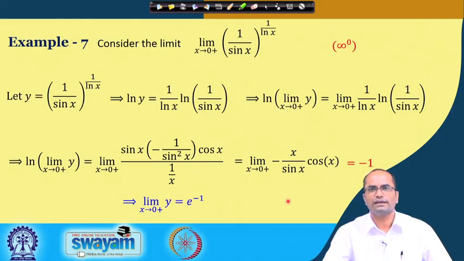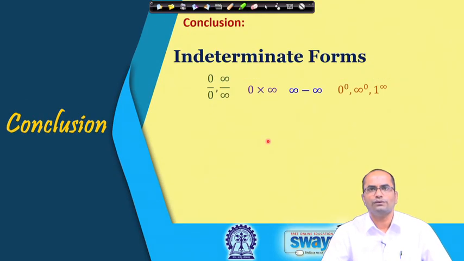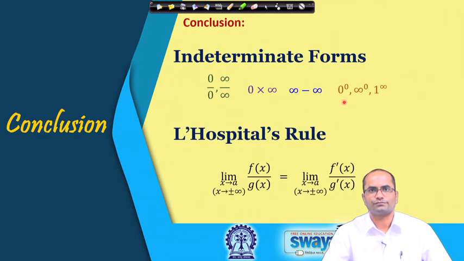So, we have considered at least one example of each nature, and these are the references used for preparation of this lecture. So, what we have learned today: the indeterminate forms of 0 times infinity, infinity minus infinity, and these three which were handled using the logarithmic function.